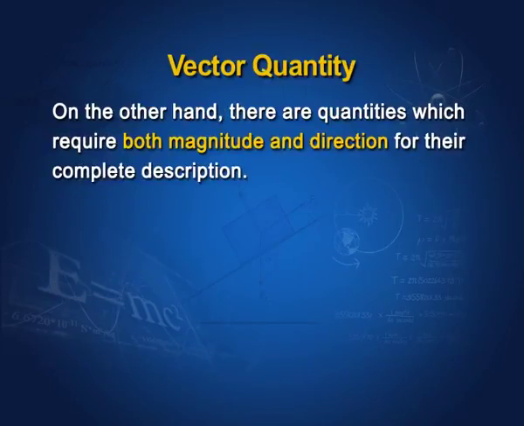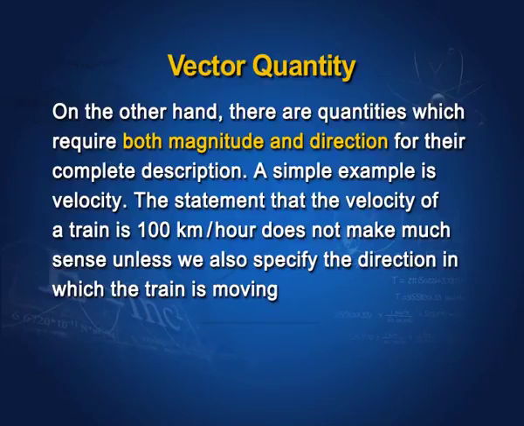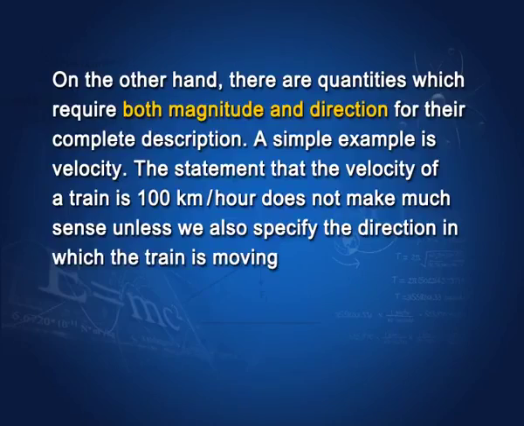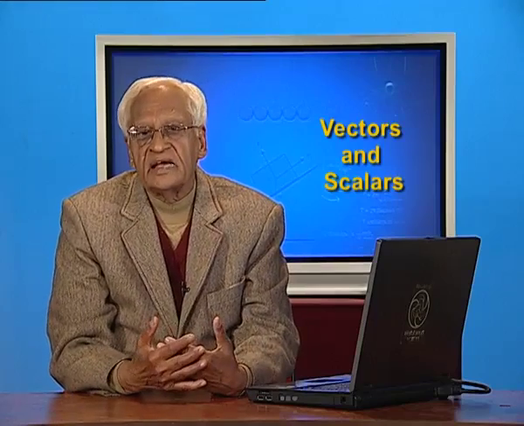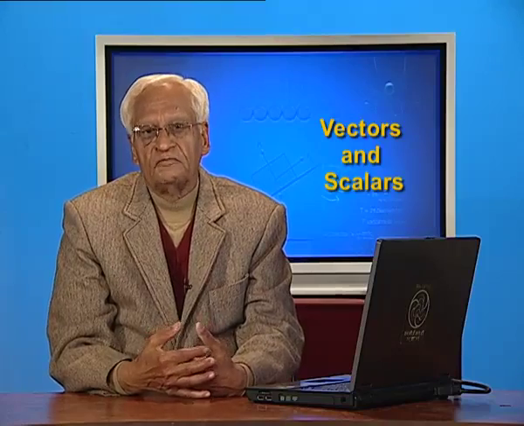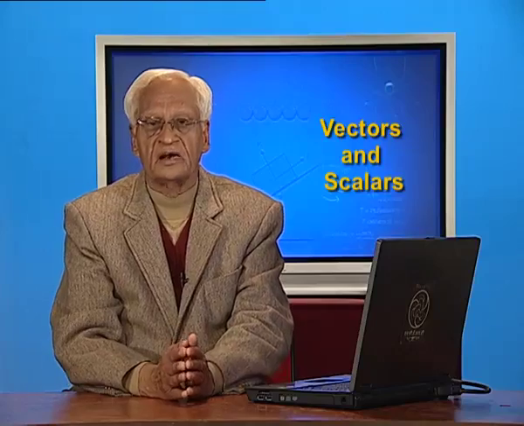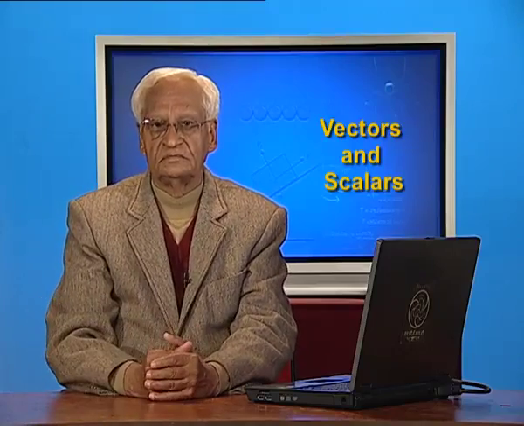On the other hand, there are quantities which require both magnitude and direction for their complete description. A simple example is velocity. The statement that the velocity of a train is 100 kilometers per hour does not make much sense unless we say the direction in which the train is moving. Vector is a word borrowed from the English language. In the dictionary, the meaning of vector is something that moves.